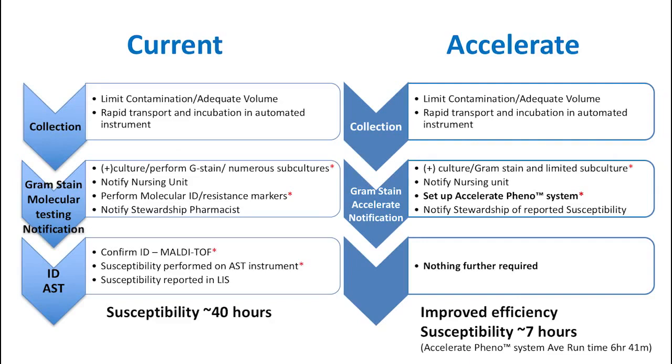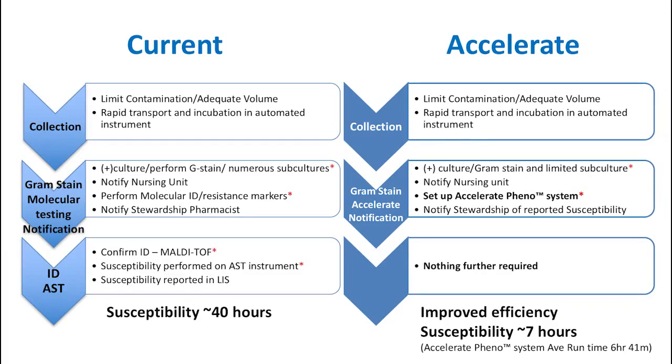So on the left-hand side was what our current method was. You can see it's many multiple steps. We thought we were doing cutting edge, the best of microbiology we could, and for the time, yes, we were. But by going through the left and all those multiple steps, it took us up to 40 hours to get a susceptibility. With using the Accelerate system, we go to this on the right-hand side.